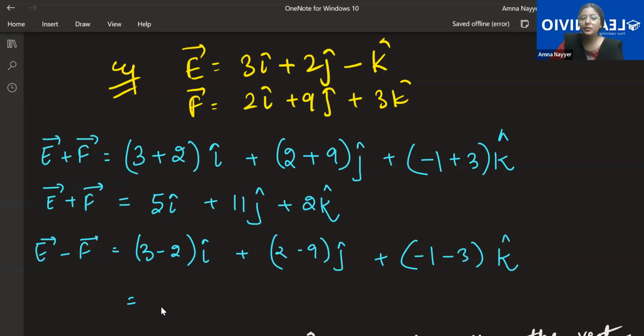This will be 3 minus 2 is 1, you just write I cap. This will be minus 7 J cap minus 4 K cap. So this is E vector minus F.